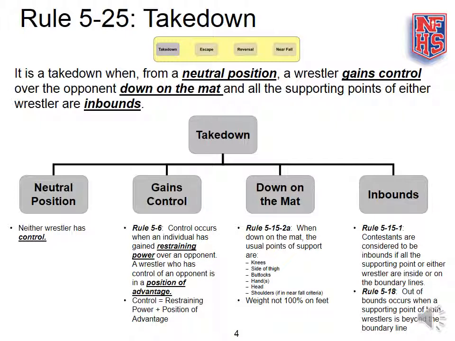And Rule 5-15-2A tells us what the usual points of support are when someone is down on the mat. And lastly, has to be in bounds. There again, Rule 5-15-1 tells us when a wrestler is considered in bounds, and Rule 5-18 tells us when out of bounds occurs.